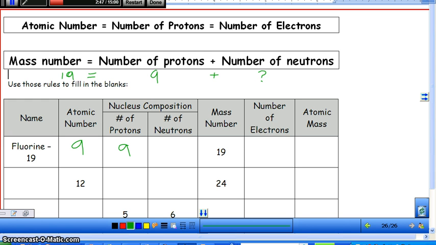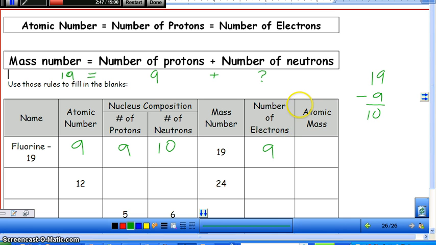Well, there's two ways you can do it. You can look at it and say, oh, that's 10. Or you can do 19 take away 9 equals 10. Okay, number of electrons. Electrons equals protons. So if we've got 9 protons, we must have 9 electrons.